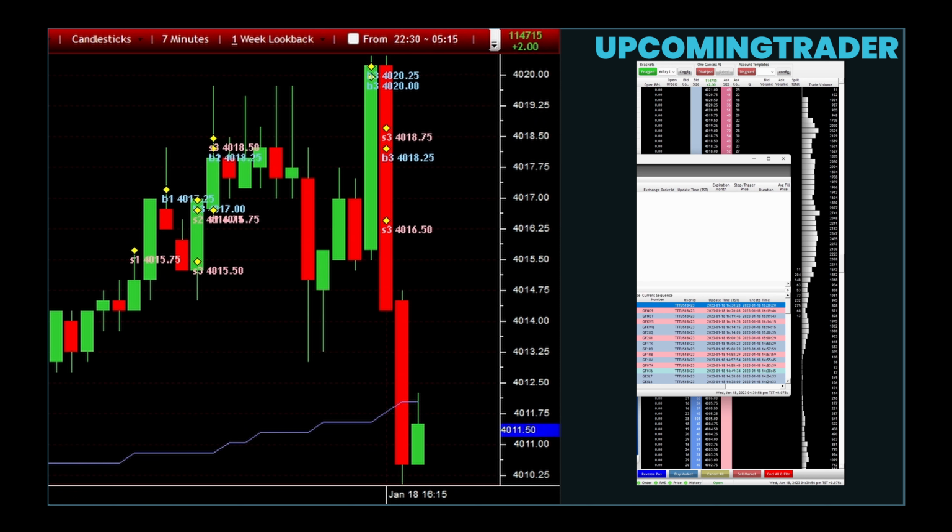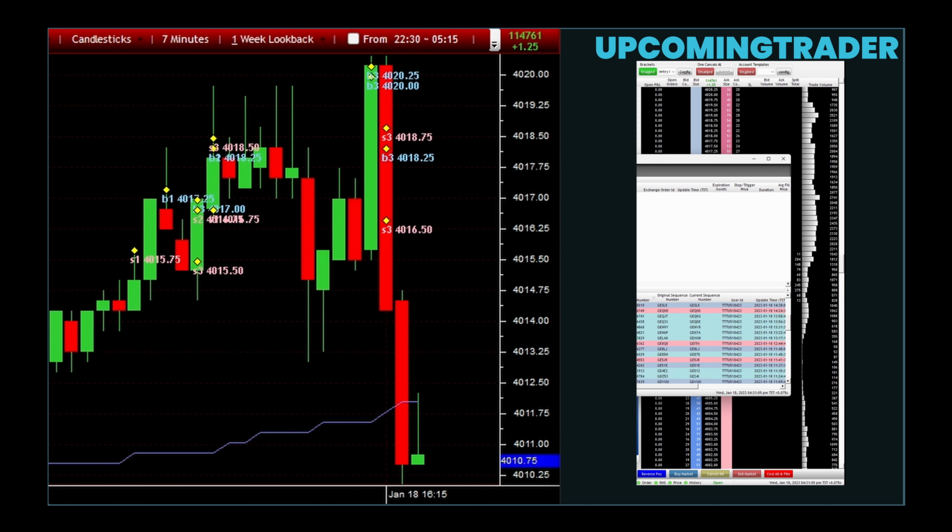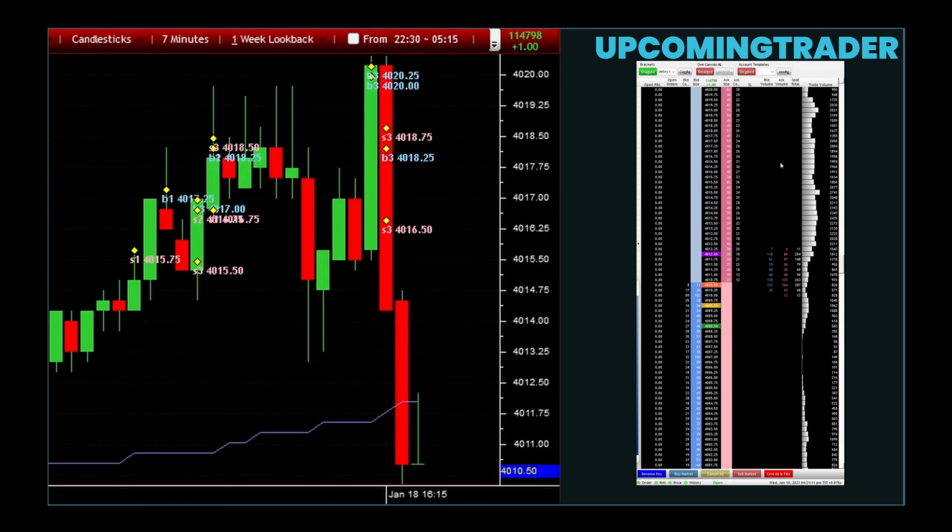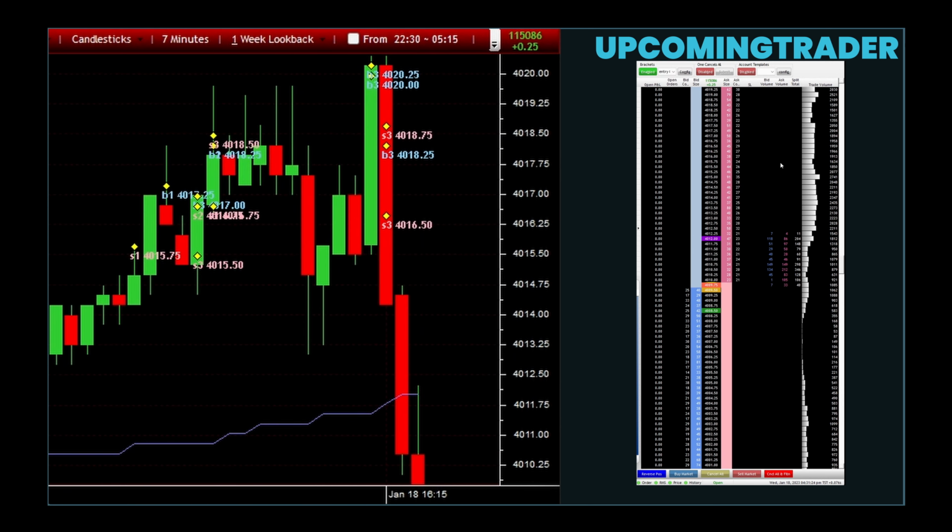Finally, the Klinger volume oscillator is designed to capture long-term money flow trends while remaining sensitive enough to detect short-term fluctuations. It uses price and volume to create an oscillator that moves above and below a zero line. When the Klinger volume oscillator crosses above the zero line on strong volume, it indicates potential bullish activity, while crossing below it may indicate a bearish reversal.